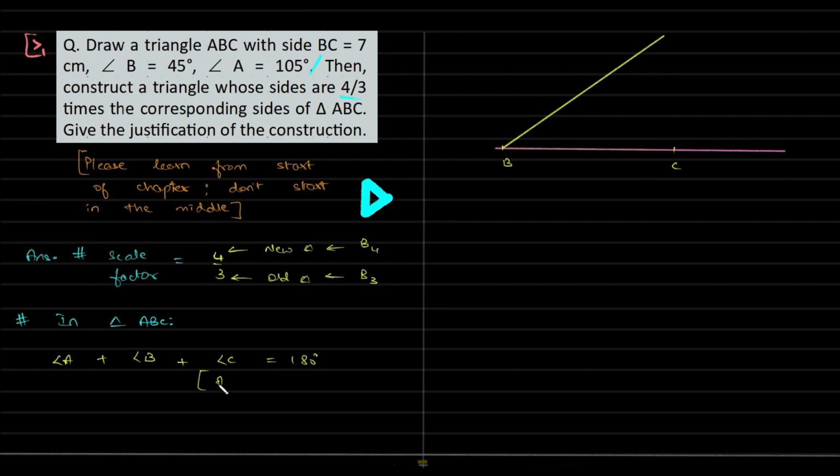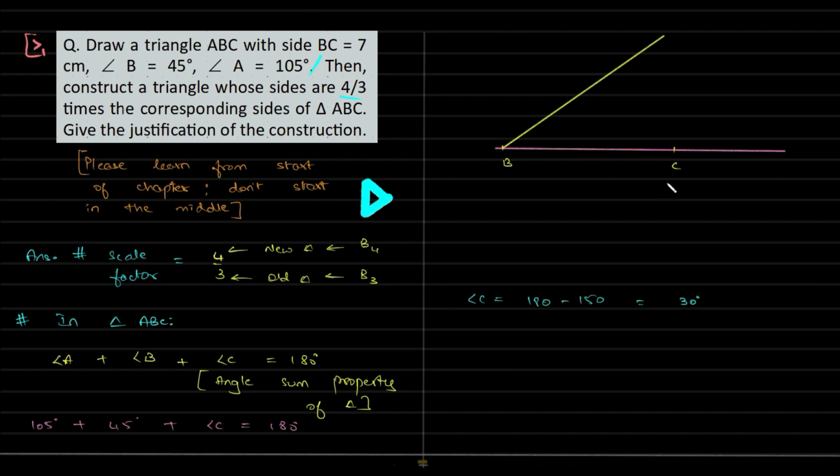This is the angle sum property of a triangle. So here angle A is 105, angle B is 45, and we need to figure out angle C. So angle C would be 180 minus 150, that is 30 degrees.